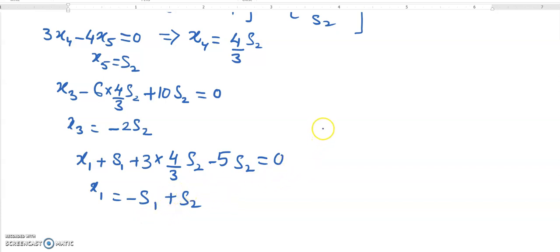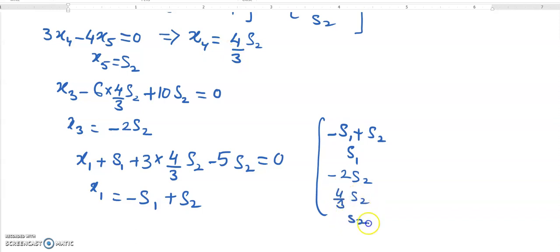So the solution which we get from here: x1 was minus s1 plus s2, and then x2 will be of course s1, and x3 is minus 2 s2, and x4 was 4 by 3 s2, and then x5 is s2.